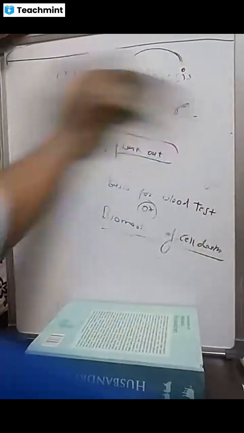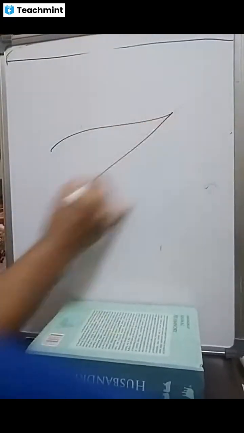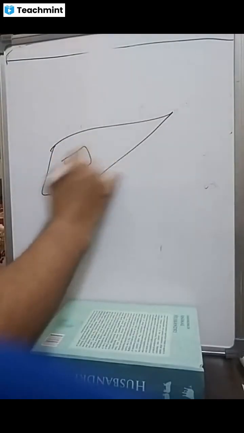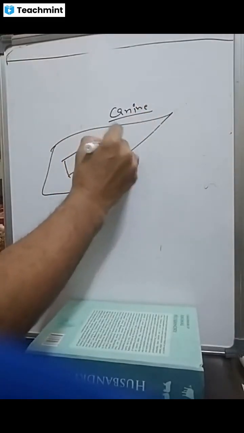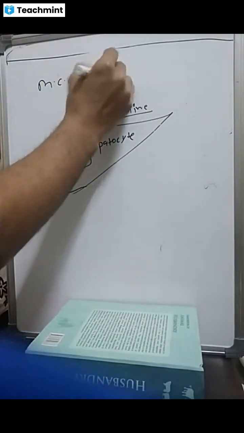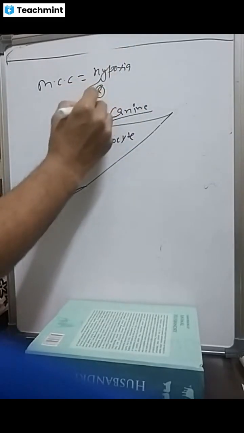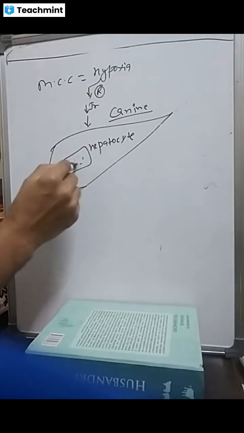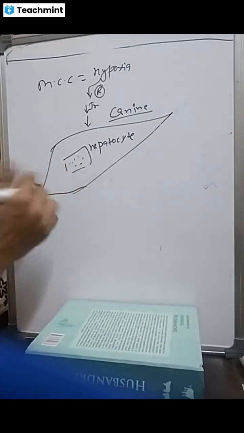So, for example, this is a canine liver and this is a canine hepatocyte. The most common cause of cell injury is hypoxia. Because of hypoxia, first reversible, then irreversible, then cell death. In cell death, these cell membranes are ruptured, severely damaged.